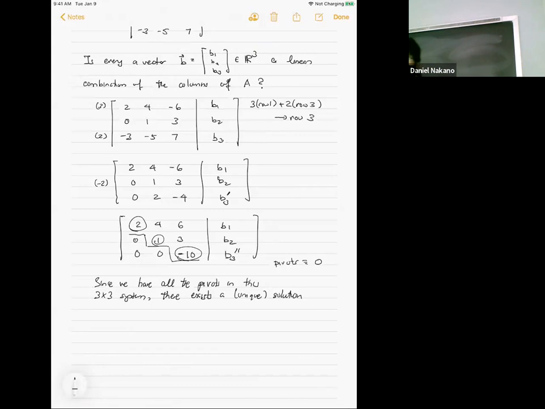All right, so what's the answer to the question? Is every vector a linear combination of the columns of A? Yes. So hence, the columns of A span R3. Okay?